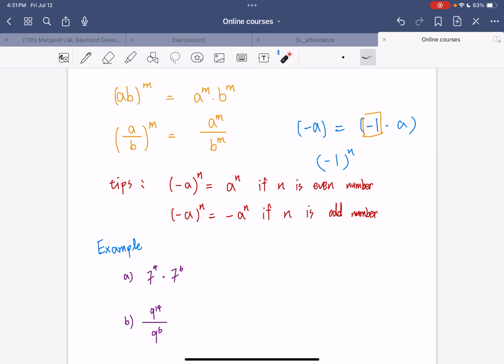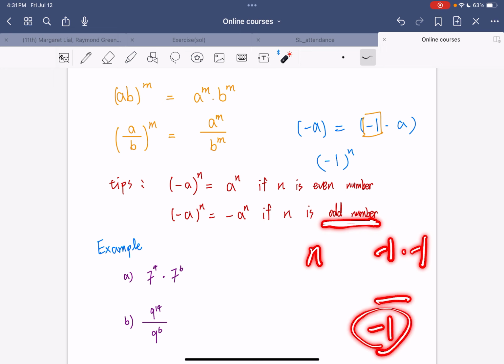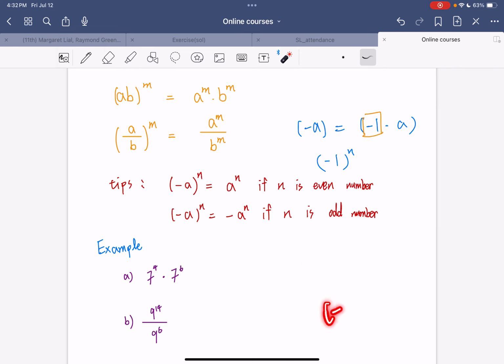Okay? And same case, if n is an odd number, that means you'll get minus 1 times minus 1, and there will always be another minus 1 left, because it's an odd number. It can be an even number plus 1, like 3 is 2 plus 1, and there are 2 minus 1s here, and the other minus 1 will be left, so you always have to leave the minus sign here.